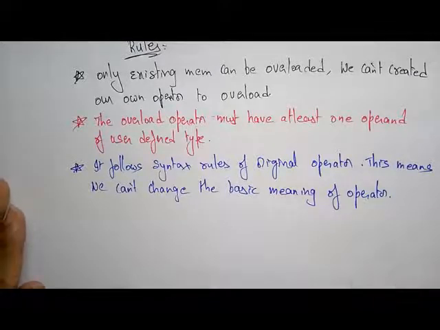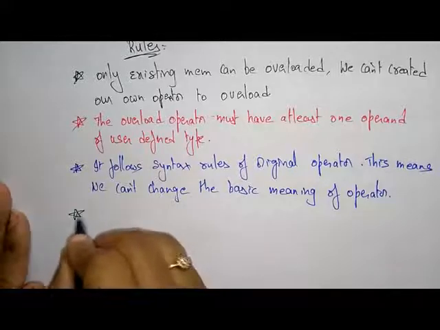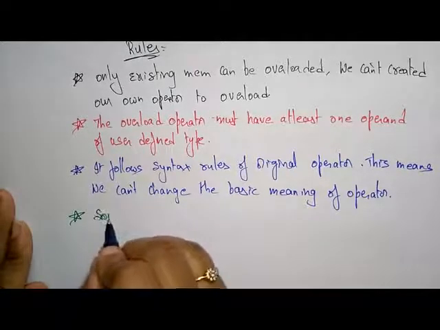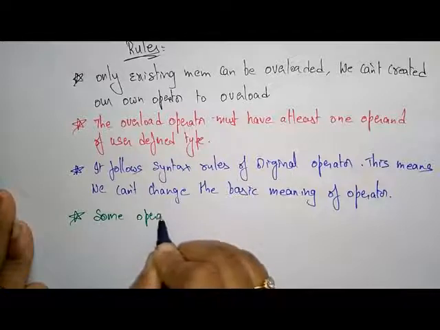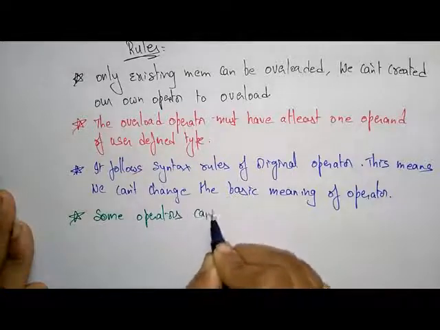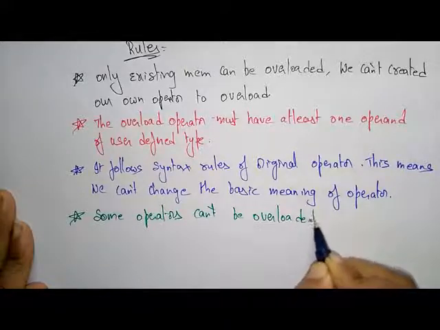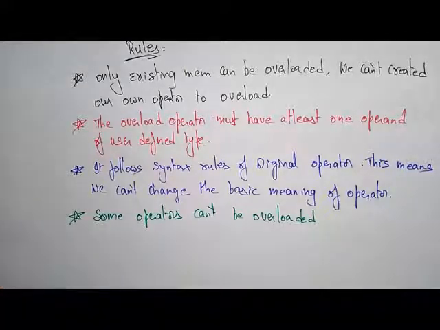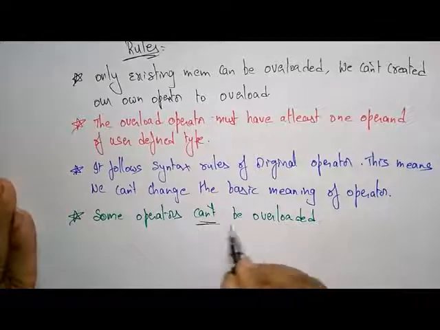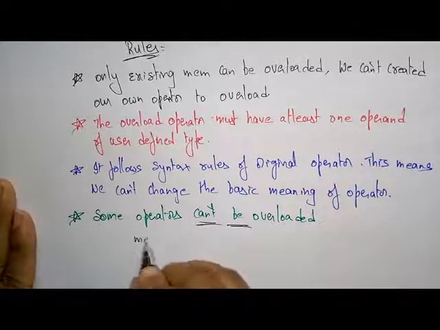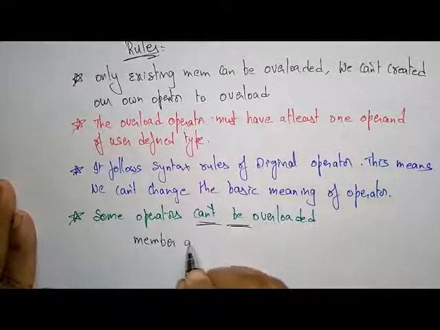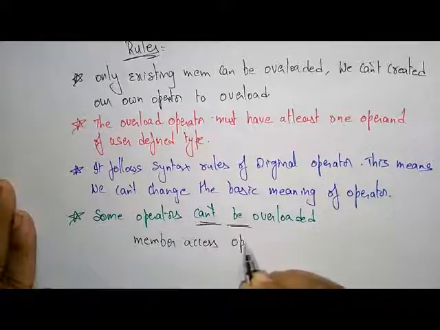And next thing is, some operators cannot be overloaded. So you have to remember, all the operators cannot be overloaded, only some can be overloaded. So what are the operators that cannot be overloaded? They are member access operator.